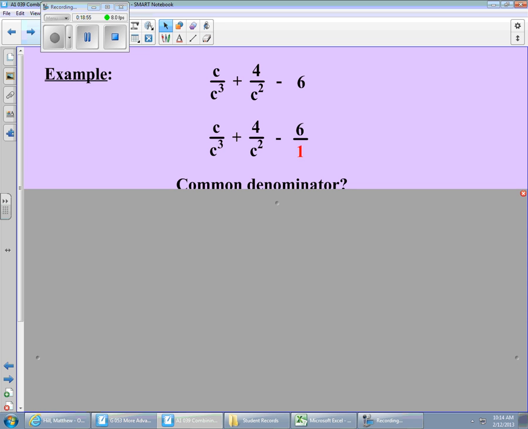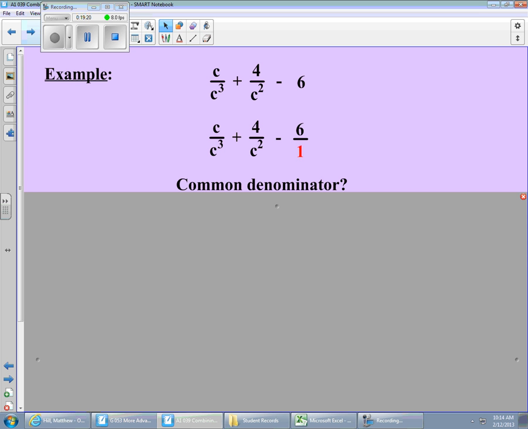Okay, what do you think about a common denominator this time? So you remember, we want to be able to either leave things alone or increase them in order to become a common denominator for all of the terms.